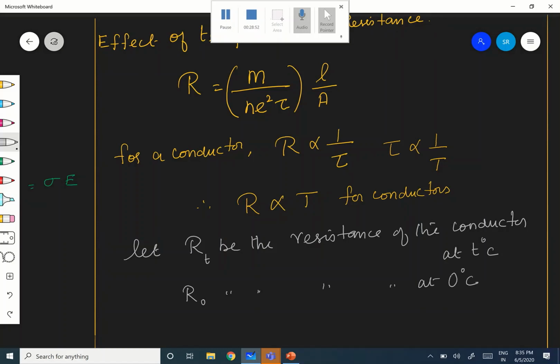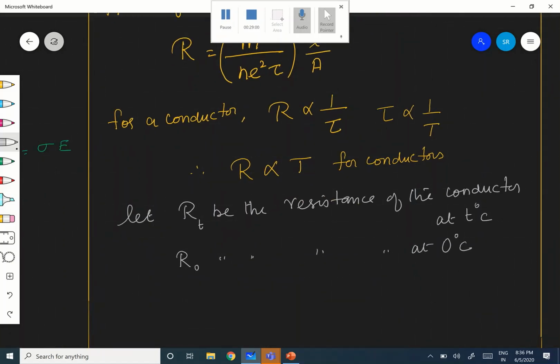Okay. How are they related? Now we are going to see how resistance varies with temperature. We know for a conductor R is directly proportional to T. But what is the relation? R_T is the resistance at T degrees Celsius and R_0 is the resistance at 0 degrees Celsius. And how are they related?